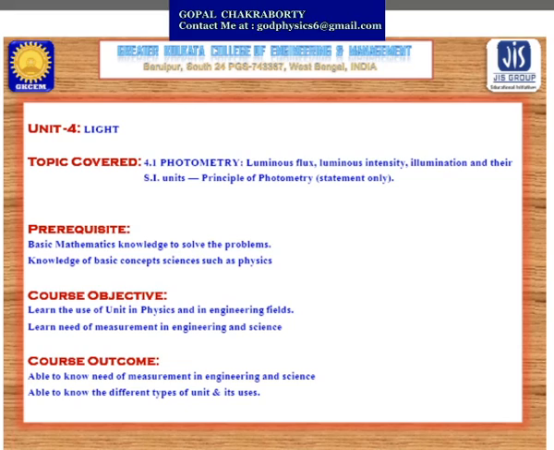After completion of this course, students will be able to know what is the unit of luminous flux, what is the actual physical quantity defined by luminous flux, luminous intensity, illumination, and what is the principle of photometry and its applications. So these are considered as the corresponding course outcomes.